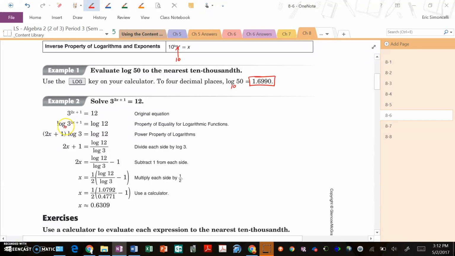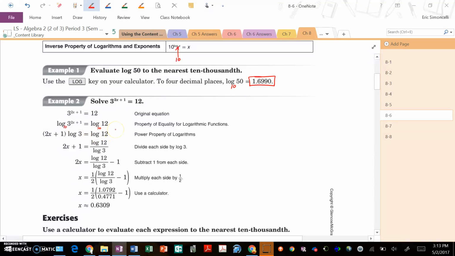You could also do log base 3, but what they did here is use base 10. I'm going to do the same thing here, noting the base 10 on the other side.